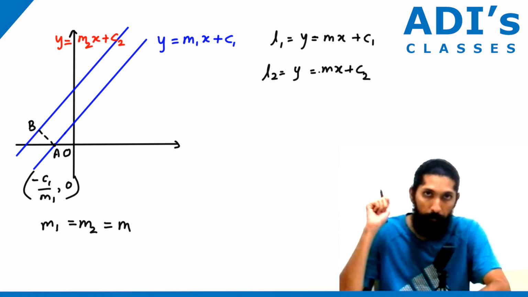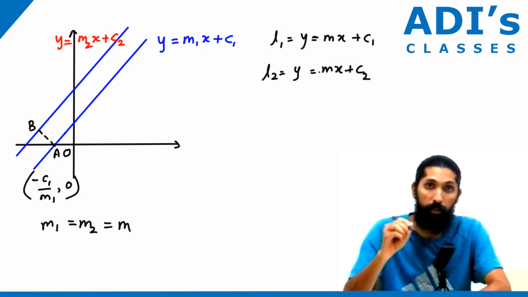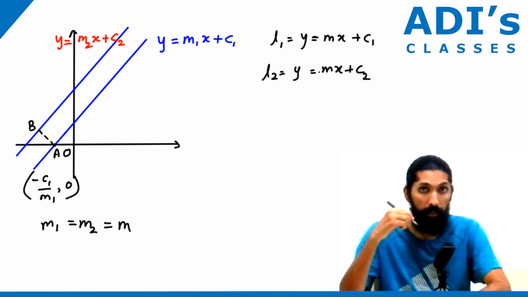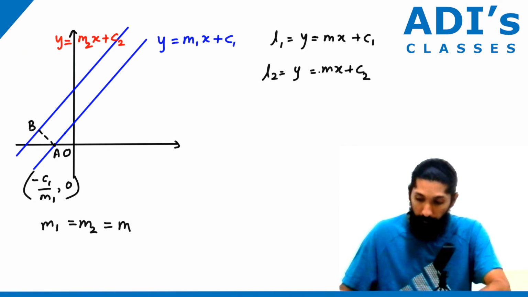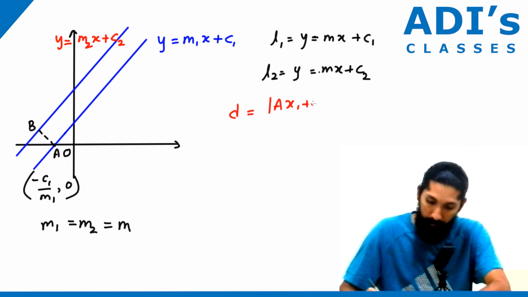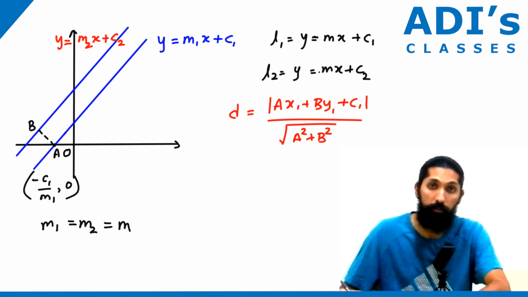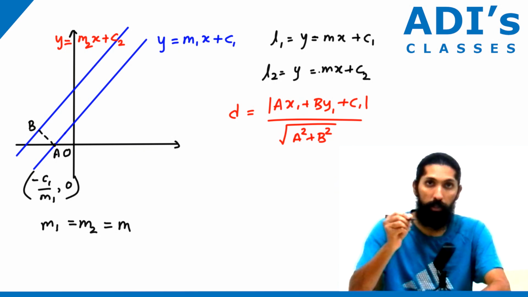Now, A is a point, and from that point we are drawing a perpendicular onto the second line. So, what is the formula we have? The perpendicular distance d is equal to mod of ax1 plus by1 plus c divided by root of a square plus b square. Remember, it is the second line, but the point is on the first line.